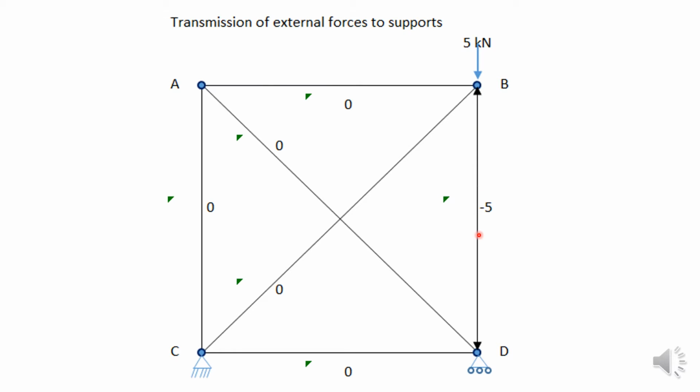So the force in BD will be compressive of value 5. For compression, we denote it by a negative value, so it's negative 5. So this is our compressive force in the member BD. All of the other members have 0 force in them.